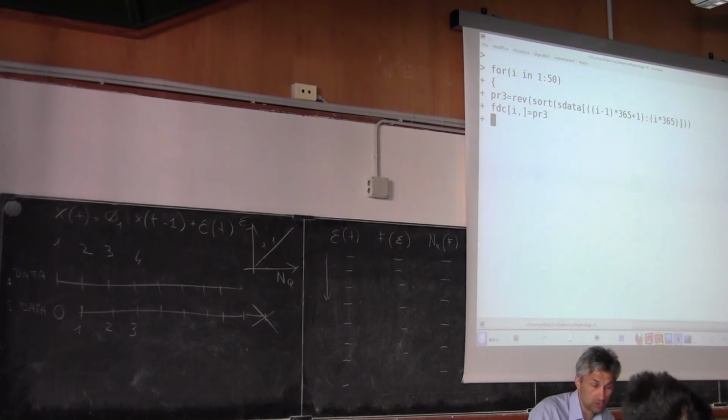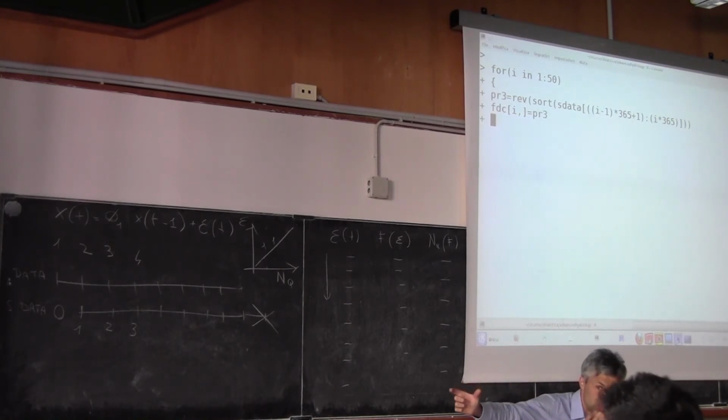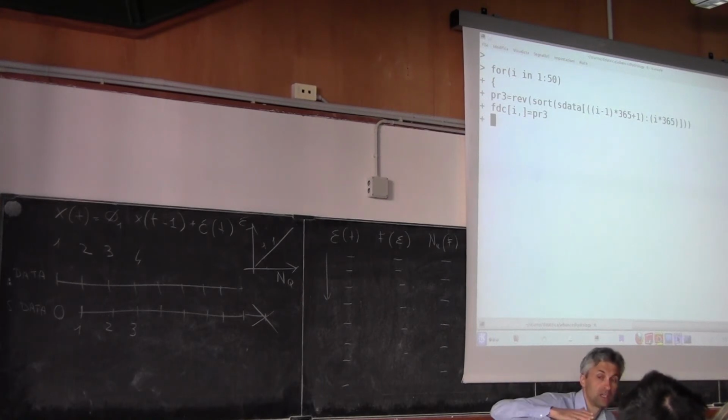The second round you get from 366 to 730. So you get this data by advancing each time 365 positions. These data are ordered with sort in ascending order, and then the vector is reverted in descending order.